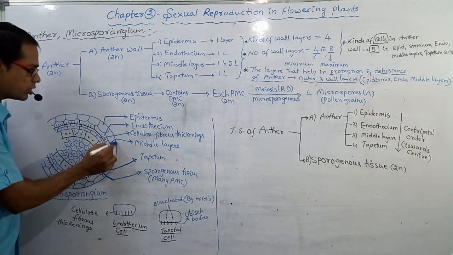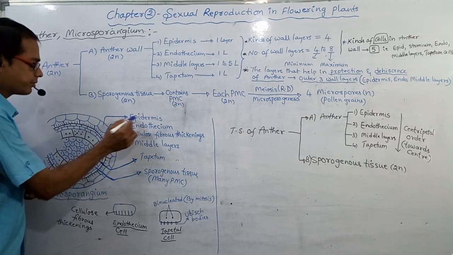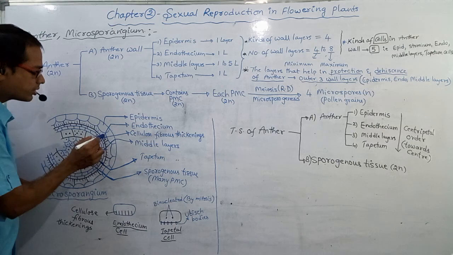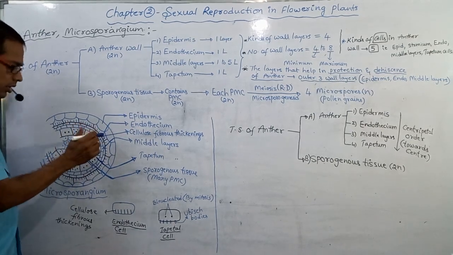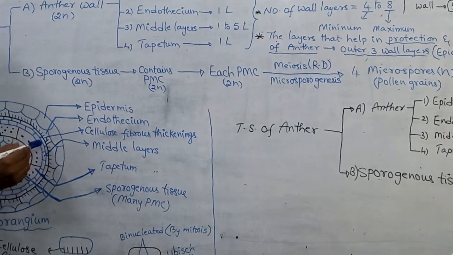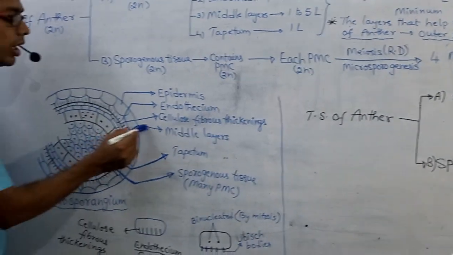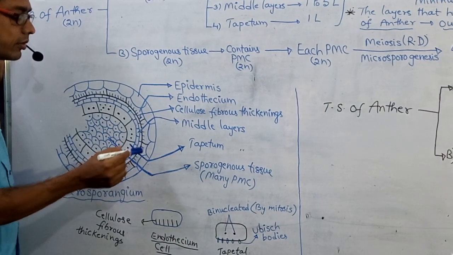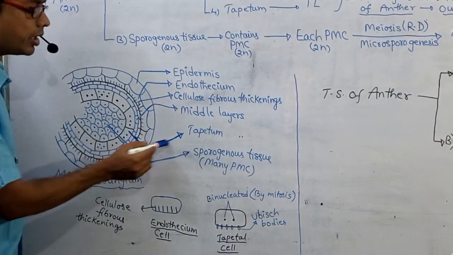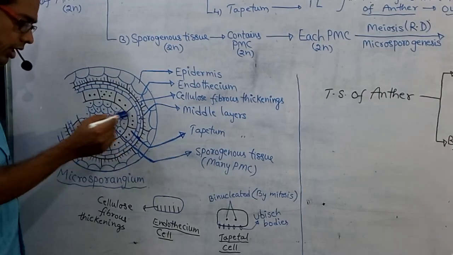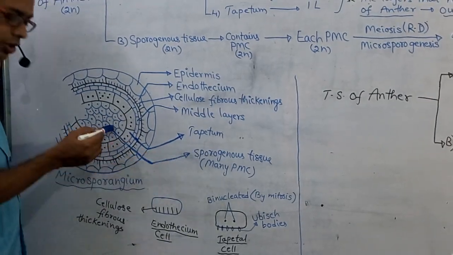This is the outermost layer of anther wall, epidermis, and below the epidermis endothecium is present, and below the endothecium middle layers are present. Below the middle layers tapetum is present. Inside the tapetum sporogenous tissue.